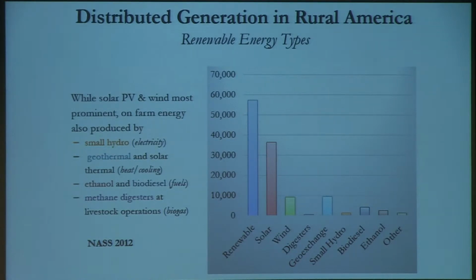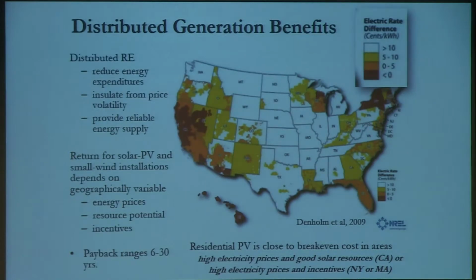Ethanol and biodiesel can be used on the farm as fuels or sold on the market, as well as biogas produced by methane digesters at livestock operations, which can either be used on the farm, sold, or distributed through the gas lines.